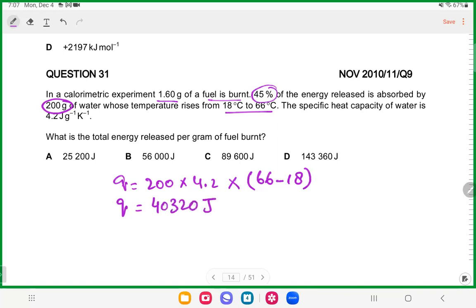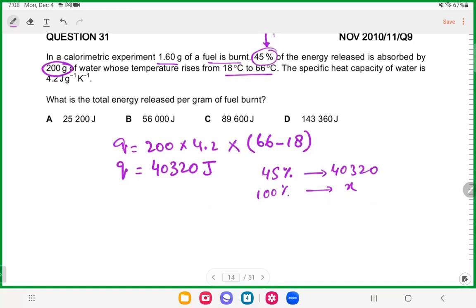Okay. Now it says only 45% of the energy released is absorbed by water. So can I say that basically this is 45%, कितना है 40320, 100% कितना होगा? 100% should be x.